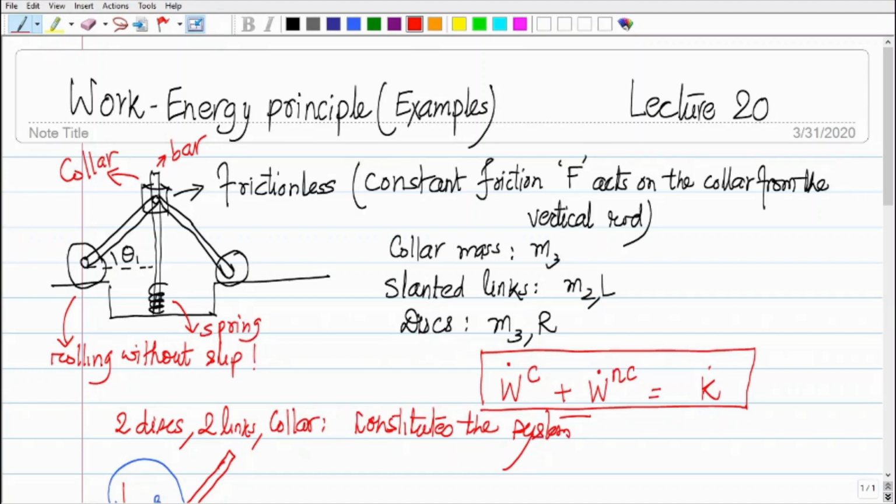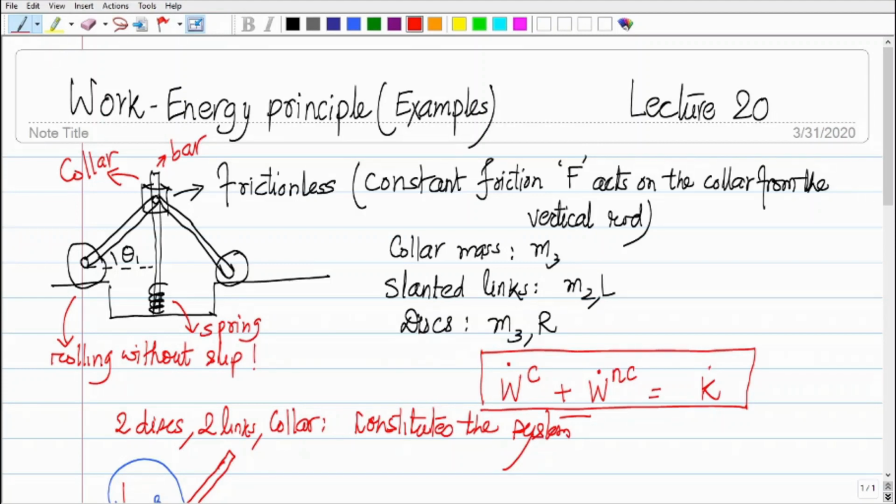So work done by the action, that is by the bar on the collar, that friction, it's acting on the point of the collar, right? And from the collar on the bar, it's acting on a point on the bar, but a point of the bar is not undergoing any displacement.